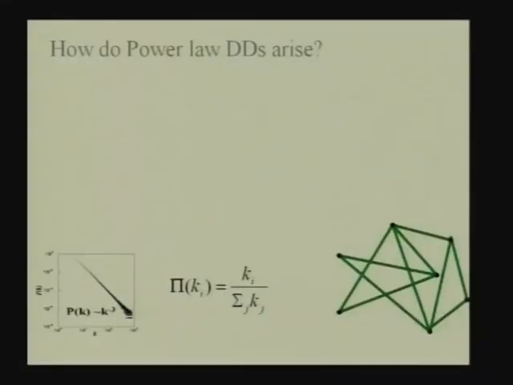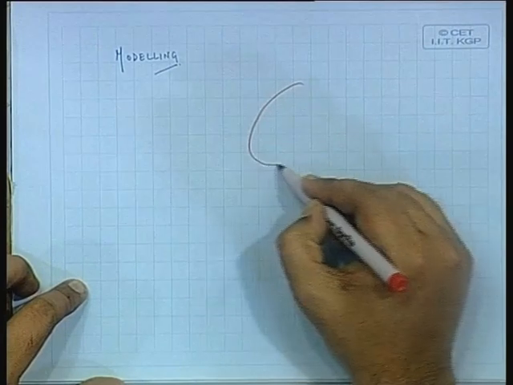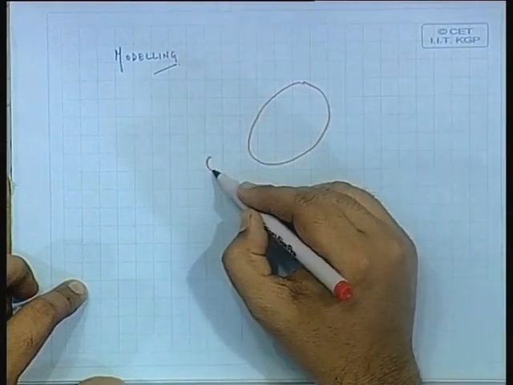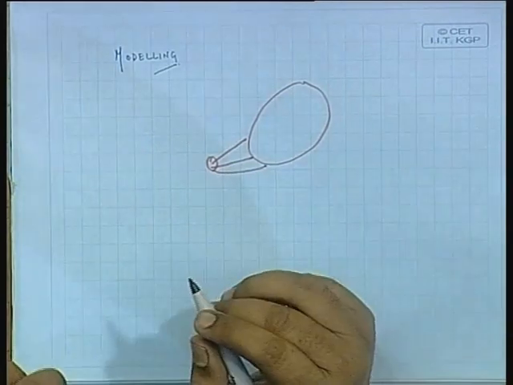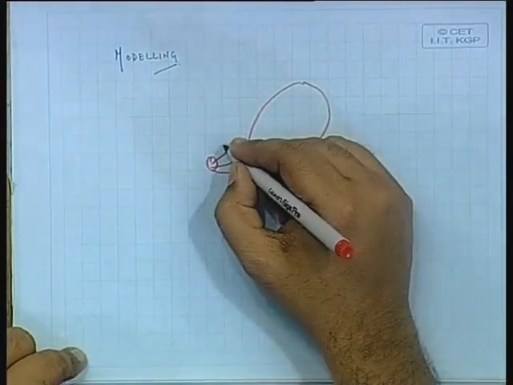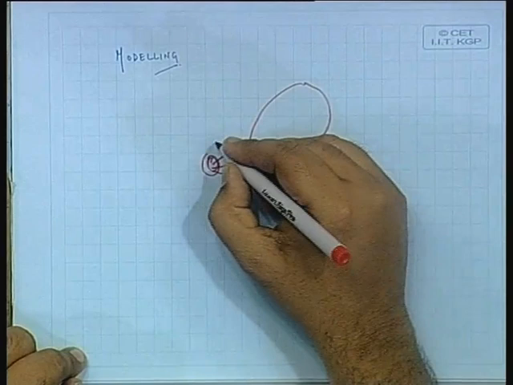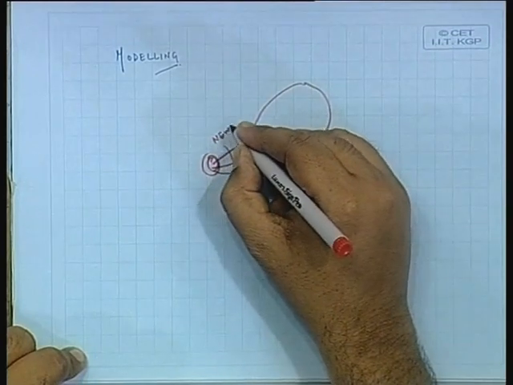We have a network, and at each step a new node is added to the network. The model will assume that you have a network, and at each step a new node is added to the network. Each node will come with some new edges.